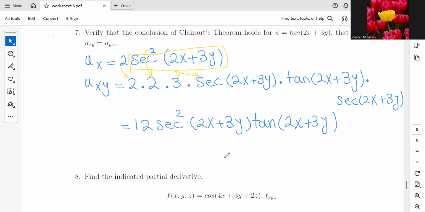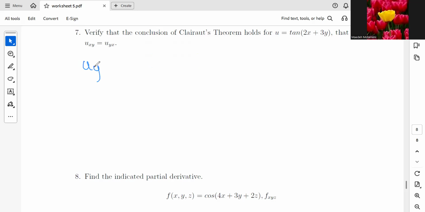Another part is finding u with respect to y and then x. So starting with u with respect to y, that would be the derivative of the inside, which is 3, and secant squared of whatever we have, 2x plus 3y. And then from this, we are going to find the derivative with respect to x.